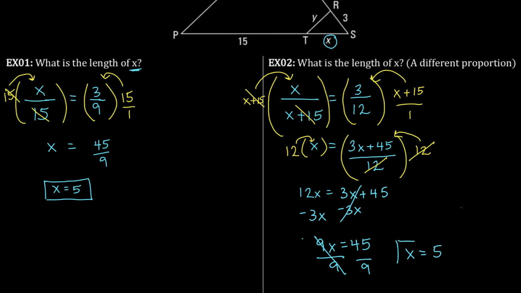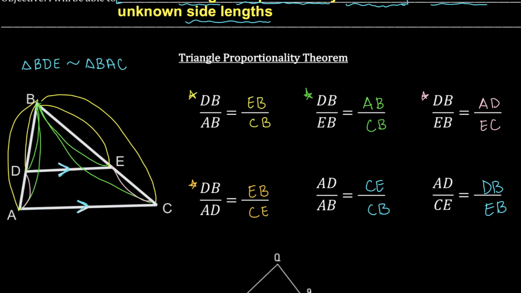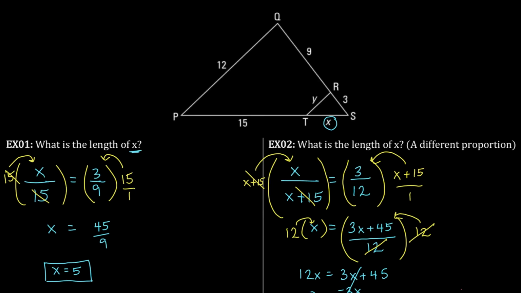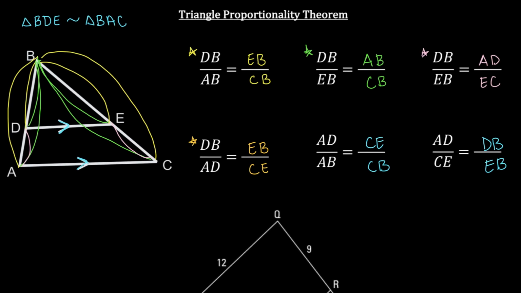Once again, it's not that this way is easier. It's that I'm showing you that there are lots of relationships. All of these relationships are valid.